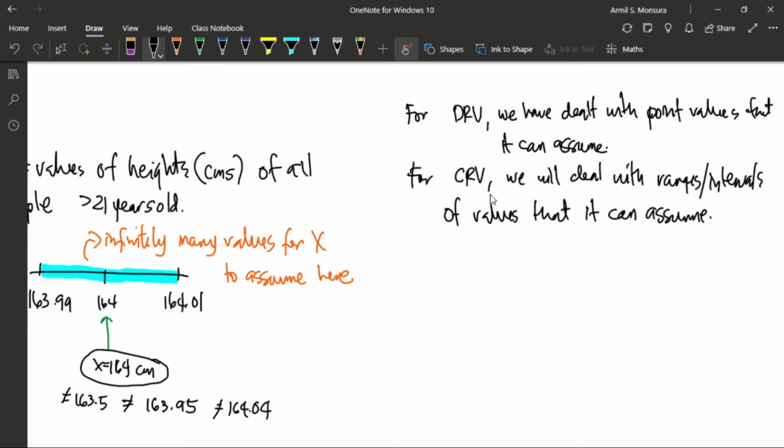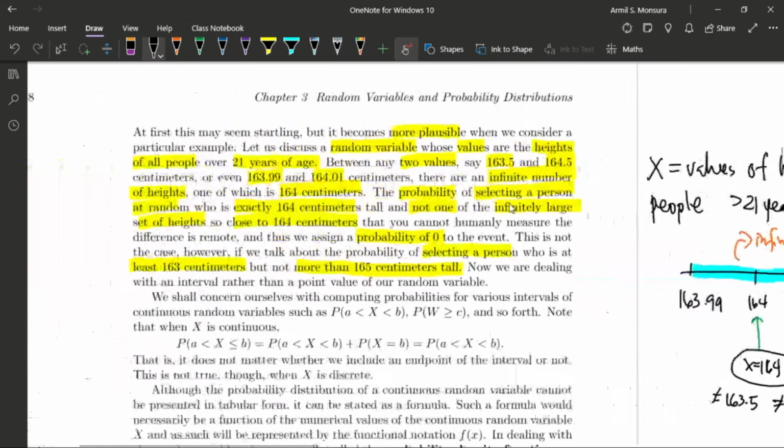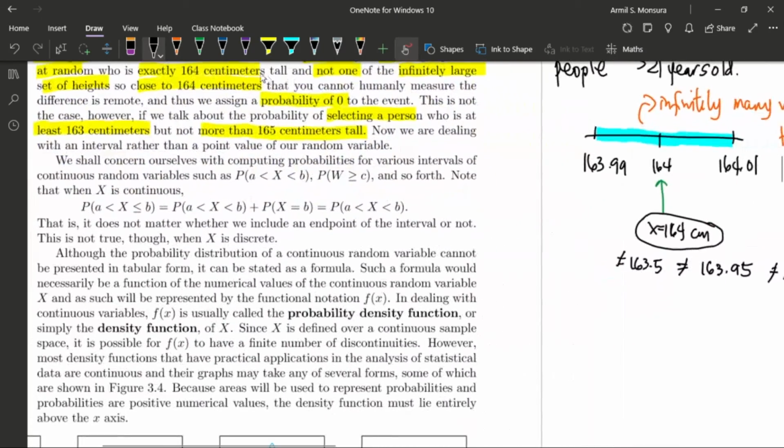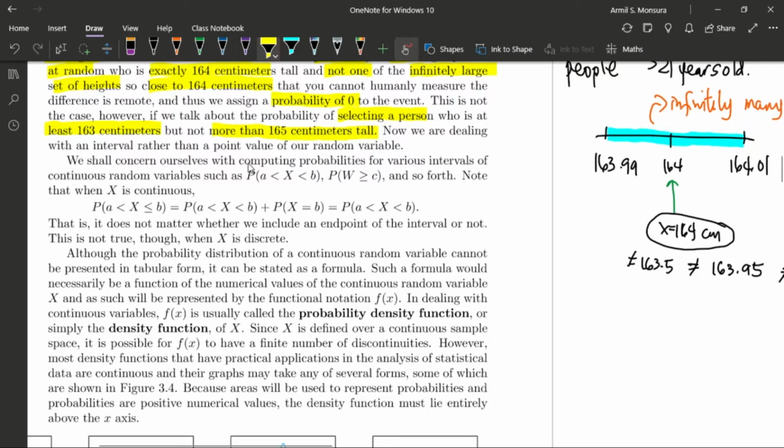Okay, while in this lesson, we will now emphasize the point that for a continuous random variable, the probabilities that we will be looking for are specified in terms of ranges or intervals of values that your random variable can assume. Okay, so we shall concern ourselves with computing probabilities for various intervals of continuous random variables, such as the probability of X assuming values less than a, greater than a and less than b.